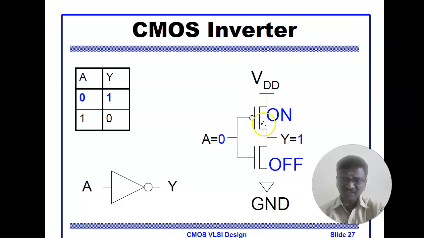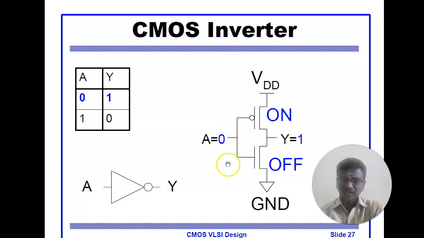When this transistor acts as a closed switch, the supply will flow through it, right? Y will be pulled up to 1 because it is connected with VDD. When this switch is closed, VDD flows through, so it produces the output as 1. So when you apply 0 as input, it produces 1 as output. This is how the CMOS inverter works.